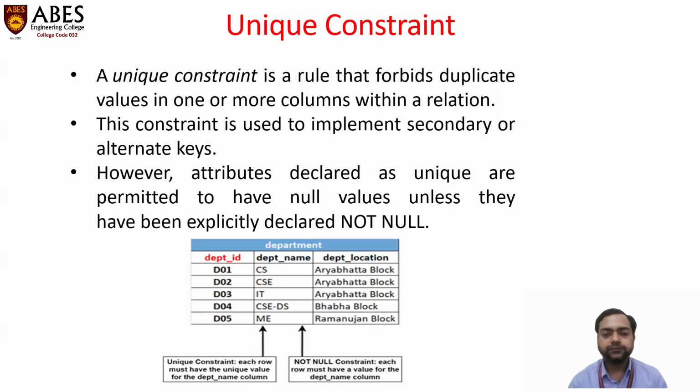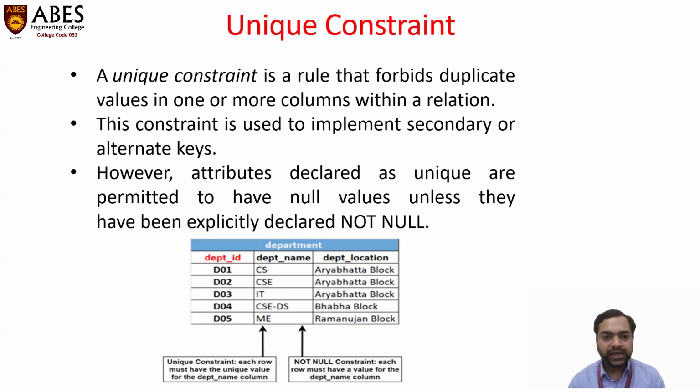Similarly, if a not null constraint is applied to an attribute, we cannot use null values there, but we can use duplicate values, right? But if we combine these two constraints, unique and not null, then we get the primary key, because the primary key holds two properties.